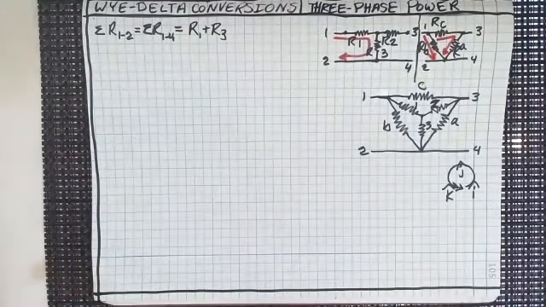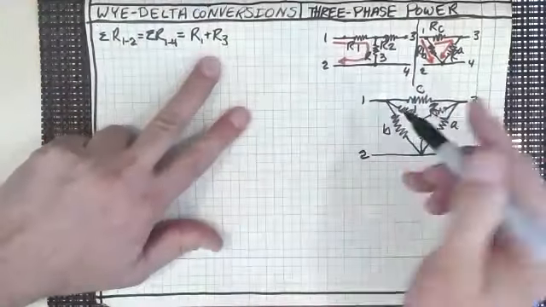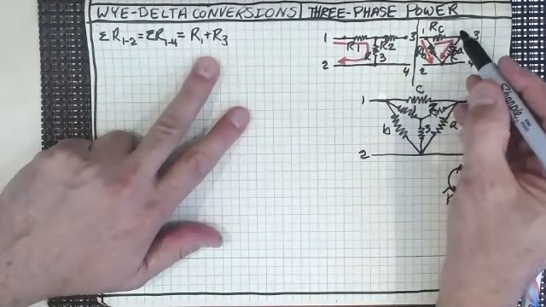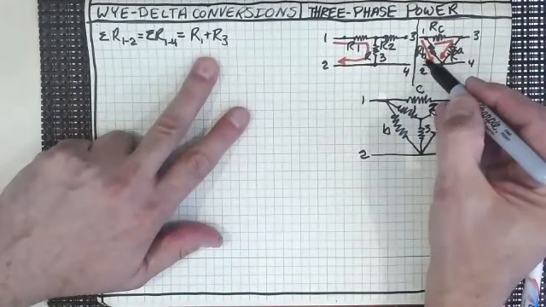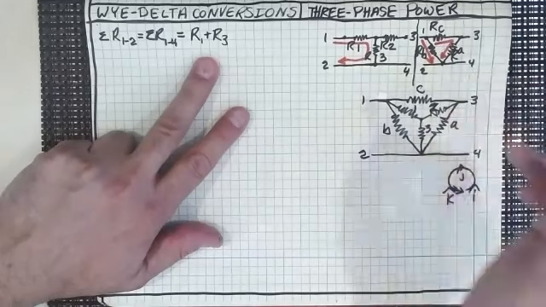So when we look at the other pathway down there from 1 to 2 on the delta, we've got R sub B, and we've got R sub C and R sub A.